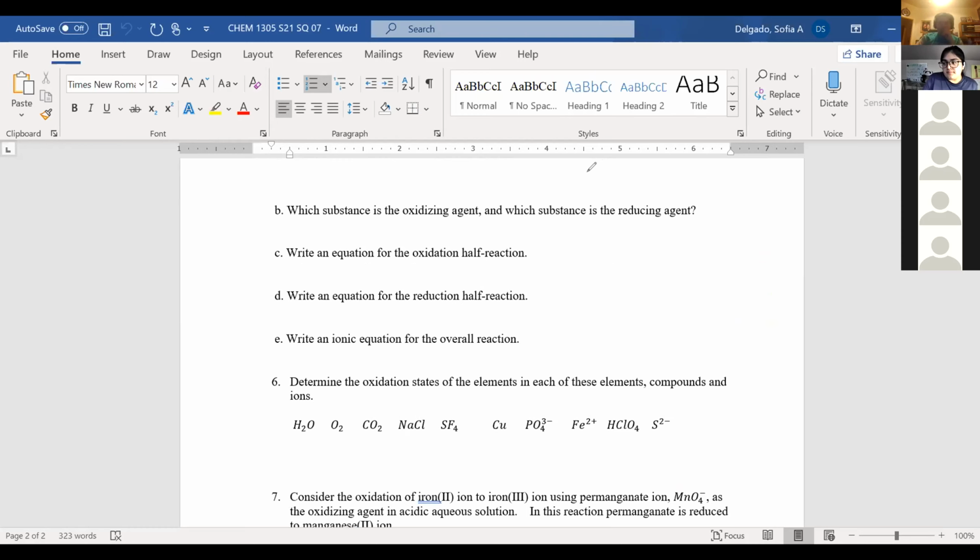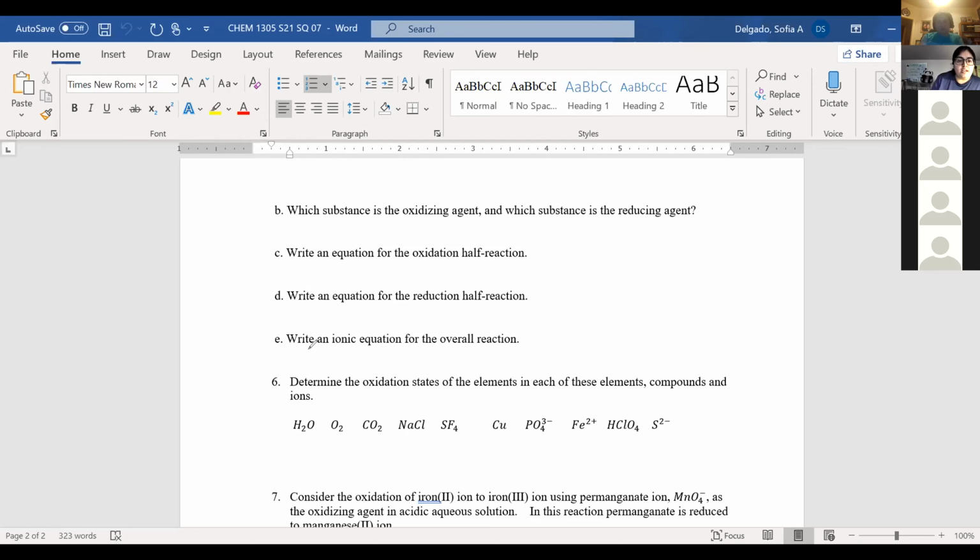Okay, what else? You separate the compounds that are soluble, right? If they're soluble, right?